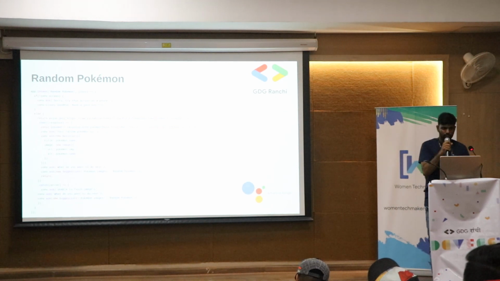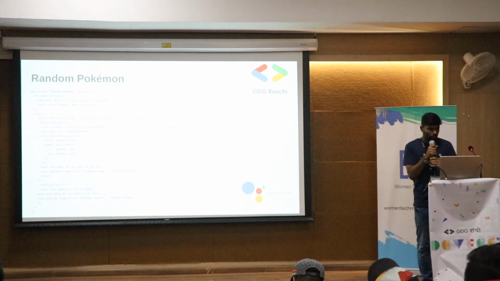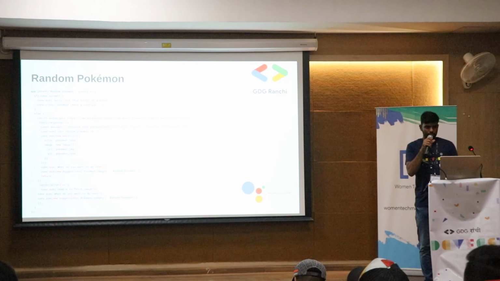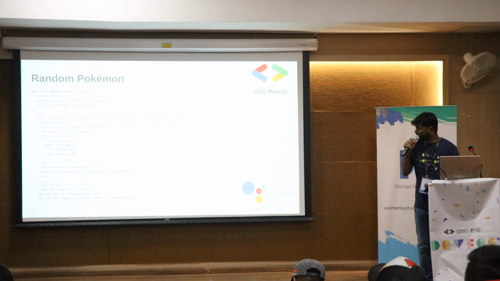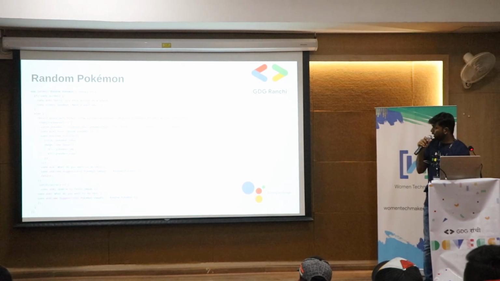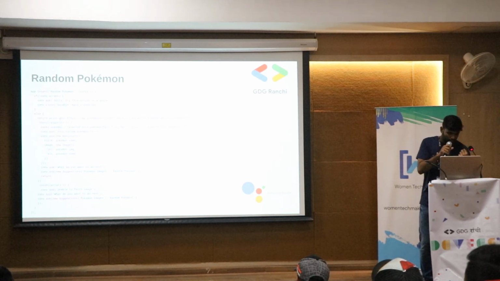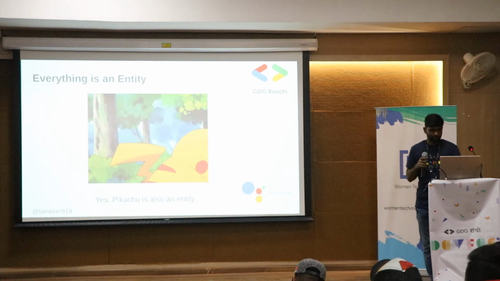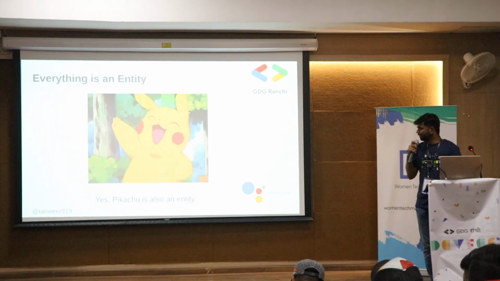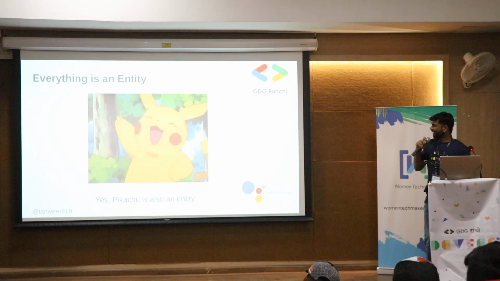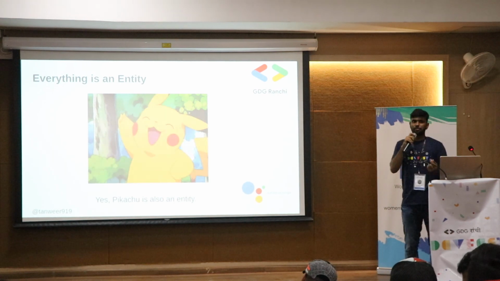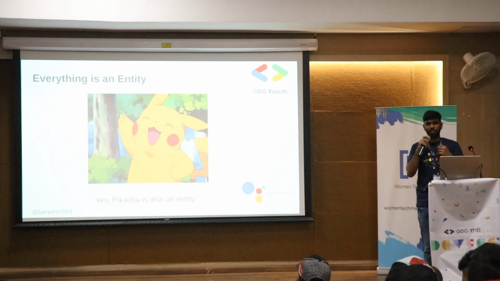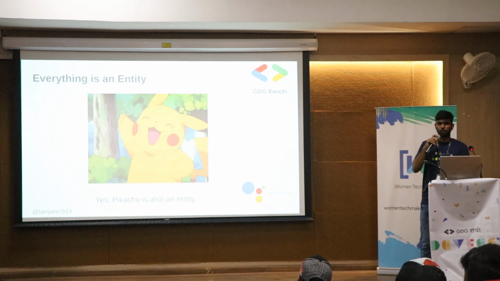What I have done is call an API to fetch Pokemon images from the internet, and I have shown the response as a card, which is available in Google Actions. Everything is an entity within an action, just like Pikachu is an entity of Pokemon.